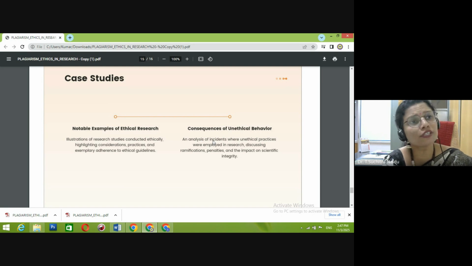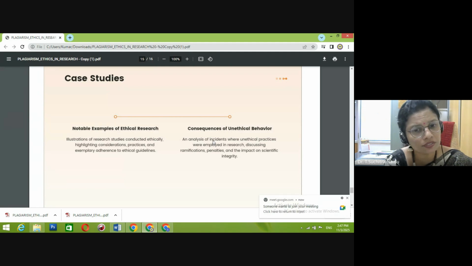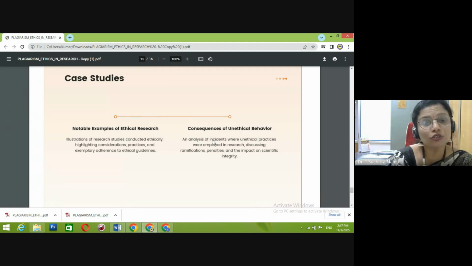Might be the person was not completely infected with Ebola virus. There was a wrong diagnosis, and the XYZ drug that the person has taken, he's cured of his illness. And simply people say that so-and-so drug has cured that particular Ebola virus. That can't happen. So this is one kind of ethical research practice which is not correct.